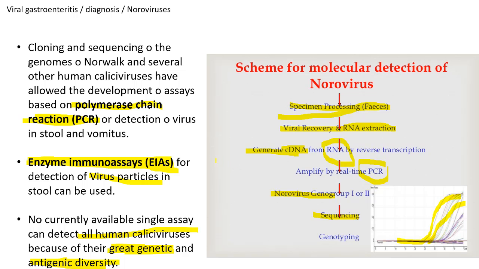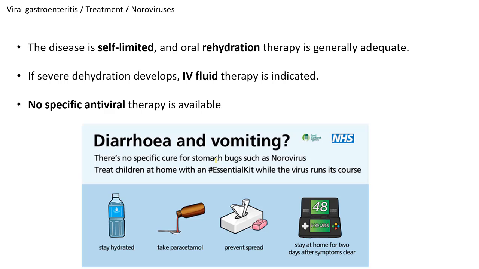Okay, so if you think this person has viral gastroenteritis, what should you do? What is the treatment? Well, as with many other diarrheal diseases that you have learned about, the disease is mostly self-limited. And the most important cornerstone of therapy is just rehydration. Okay, oral rehydration.